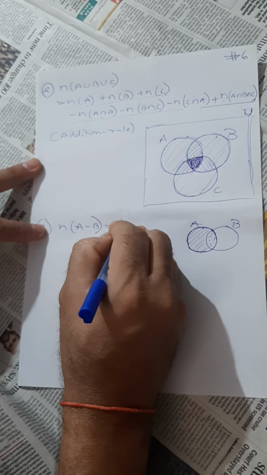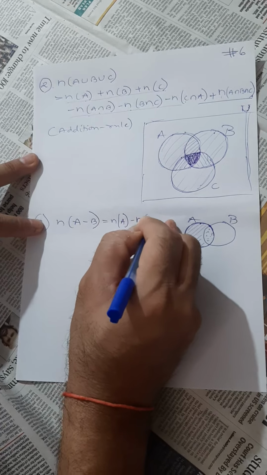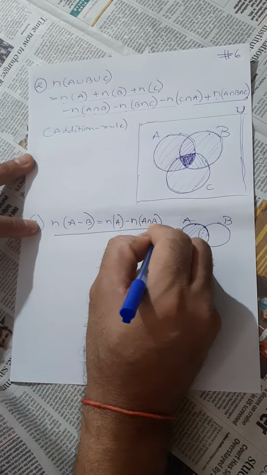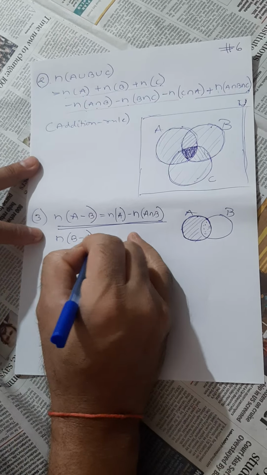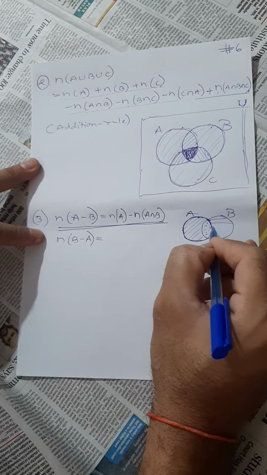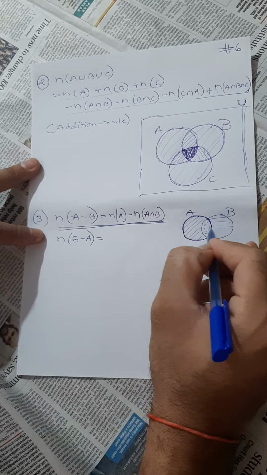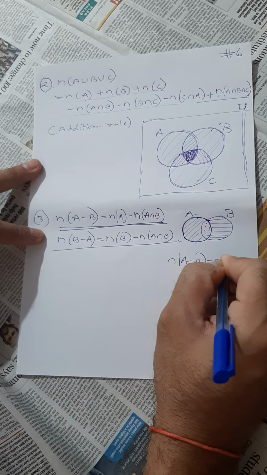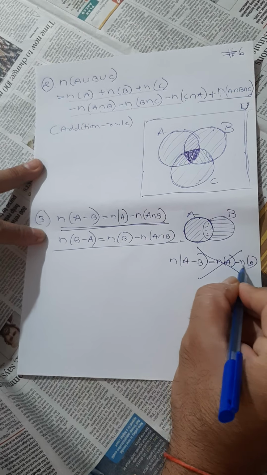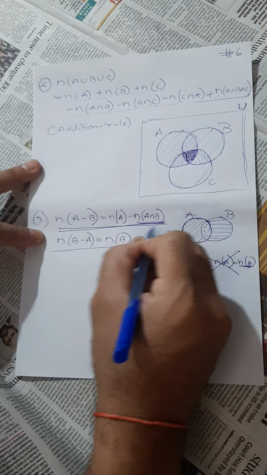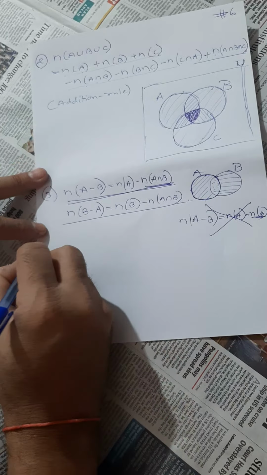So this equals n of A minus n of A intersection B. And the number of elements in B minus A, that is this portion, which is n of B minus the common n of A intersection B. Here remember, n of A minus B equals n of A minus n of B is wrong. Not minus n of B, but minus n of A intersection B. So these are again very important results.